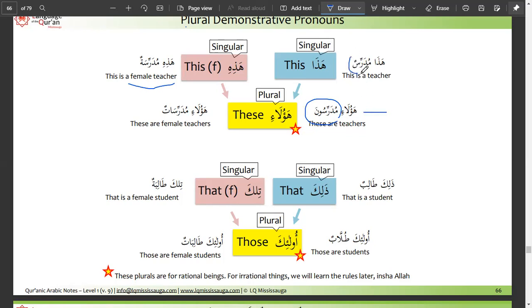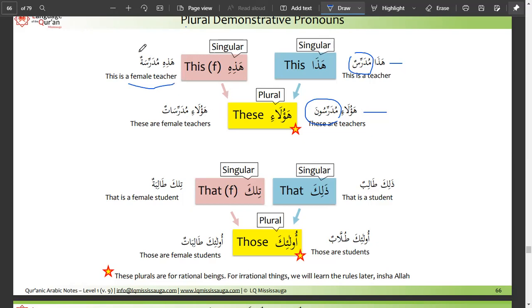Mudarrisun is singular, so we use singular haza. For singular, we use a singular demonstrative pronoun, ismul ishara, and for the plural, we use a plural ismul ishara. Mudarrisuna is plural, so we use haula'i. And same in the next.